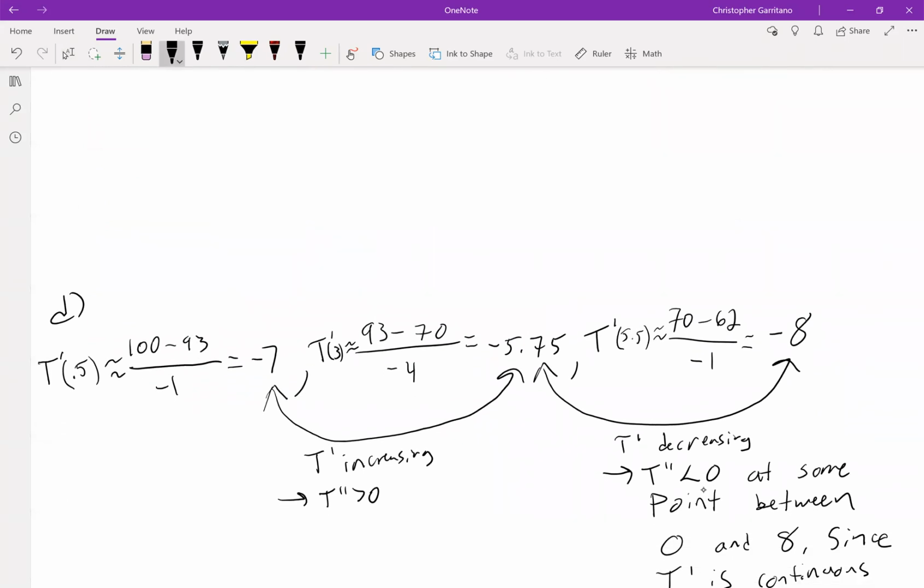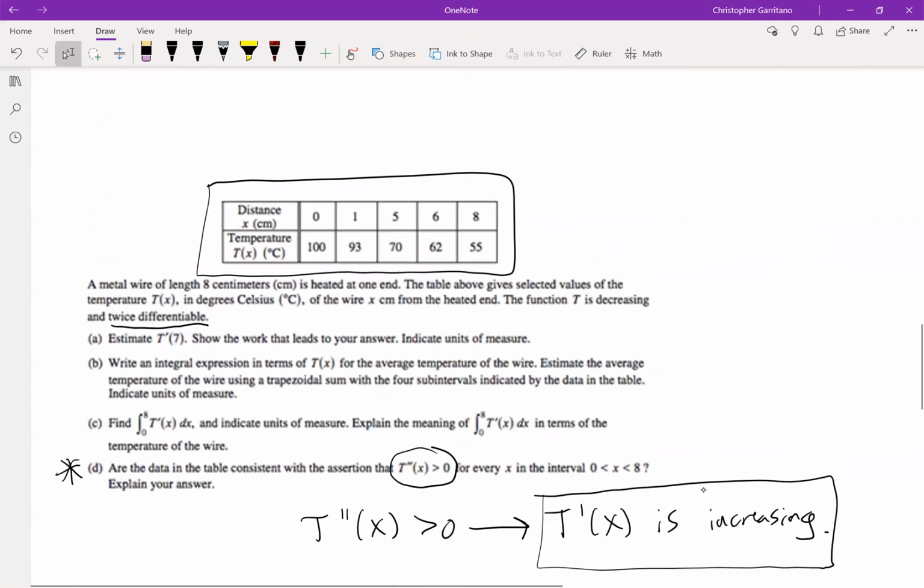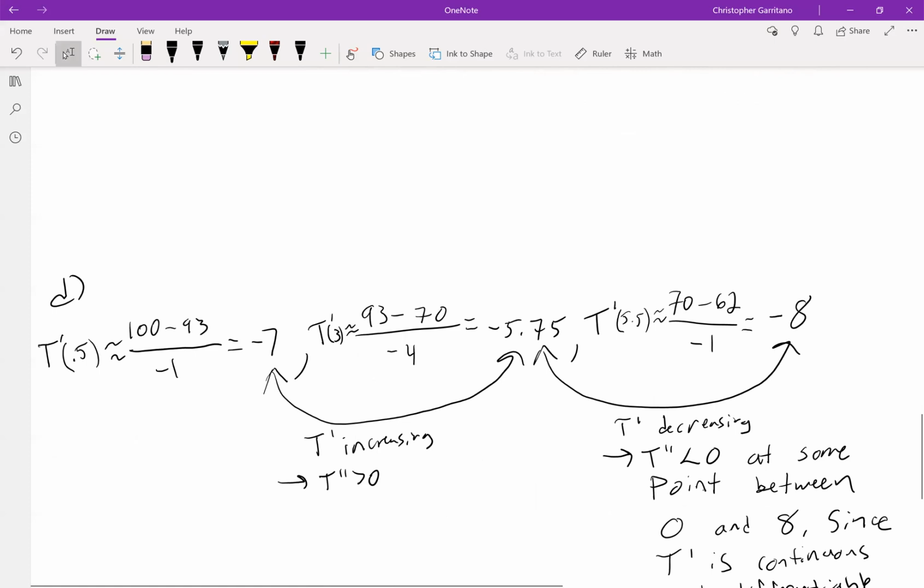To approximate t prime of 0.5, I used these points here, and I found the slope of the secant line that connects those 2 points. That slope is -7, and that gives me an approximate value for t prime of 0.5.